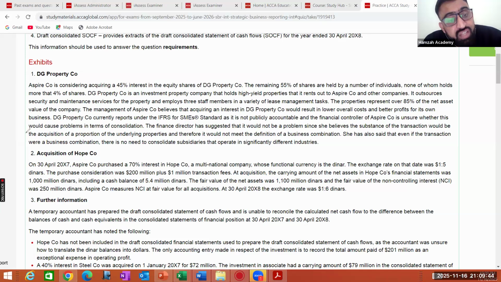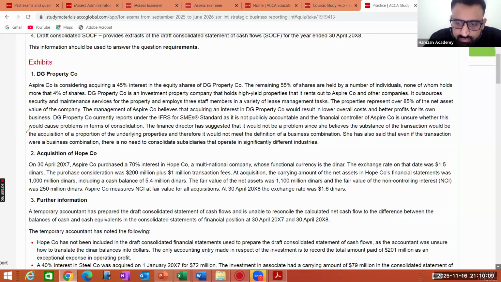And if we establish that yes, we have a control, then dear student, you must consolidate it. Then there is no exemption. The excuse that DJ Property has a different business, a different operation, cannot give us the excuse not to consolidate, provided that we have acquired a business and we have a control.